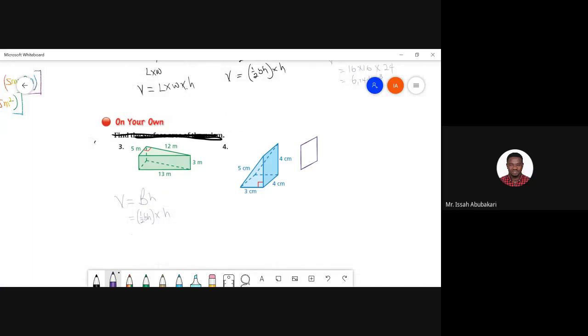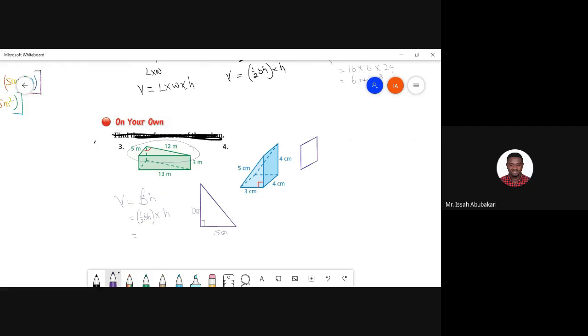So now you realize that when you resketch this part of the figure, you're going to get something like this. And with this, the base of the triangle is 5 meters, and the height of it is 12 meters.